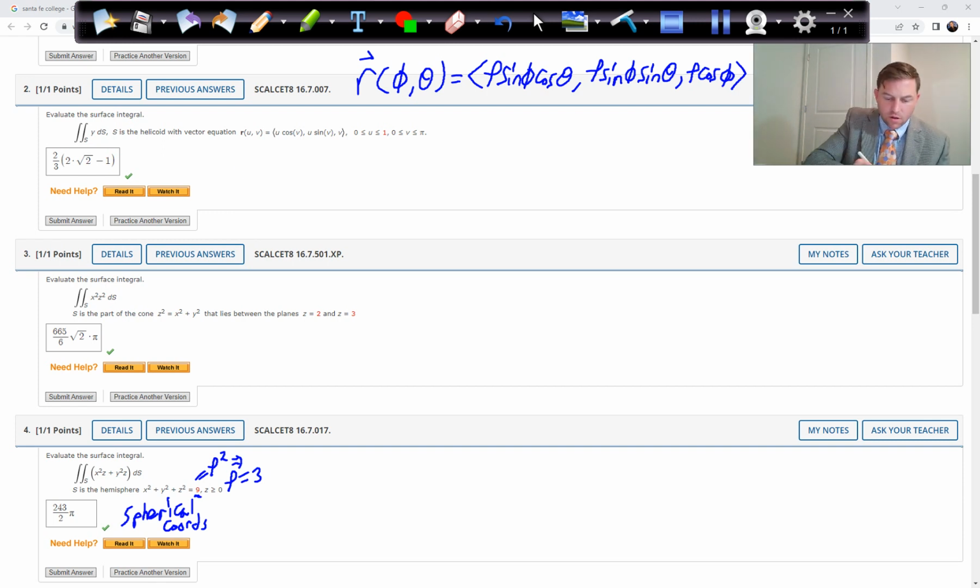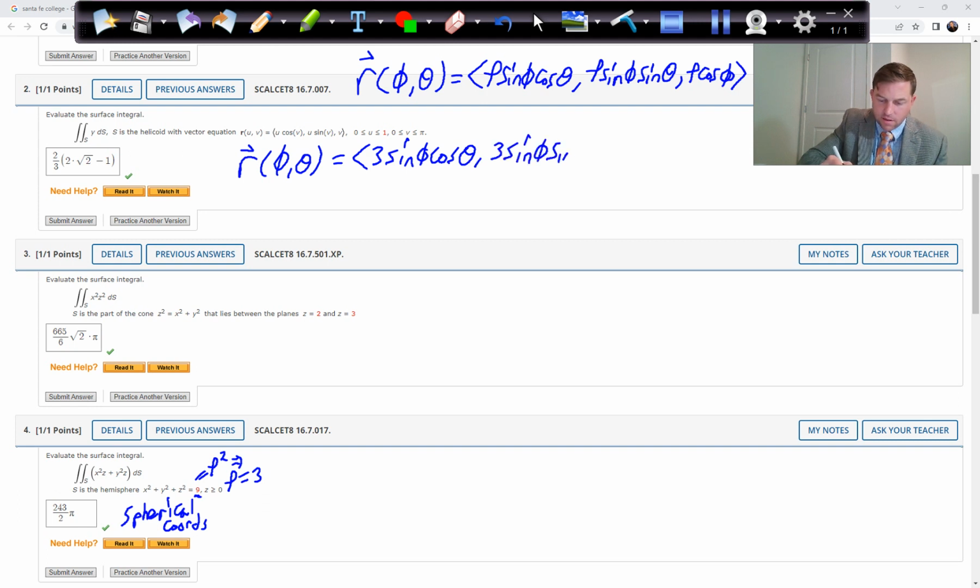So our r is pretty similar. It's just going to be 3 sine phi cosine theta, 3 sine phi sine theta, and 3 cosine phi. Just like before, we need to find r phi and r theta.